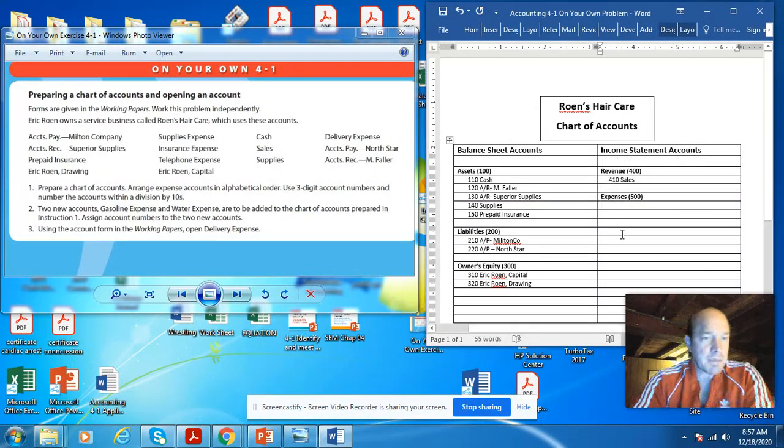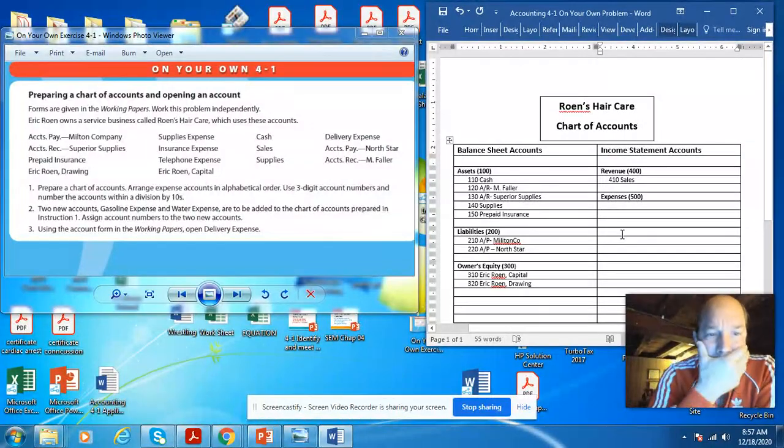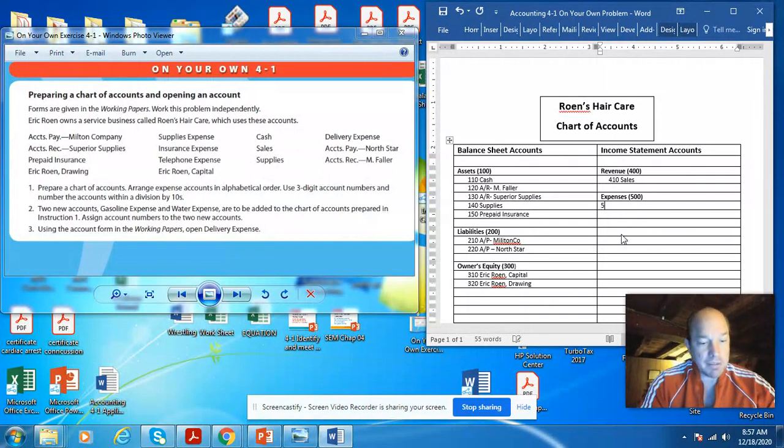And we have a number of expense accounts here. All right. So we have supplies expense, insurance expense, telephone expense, and delivery expense. We have to categorize those under expenses and assign account numbers to each. Let's do it alphabetically. Delivery expense would be first, so we're going to call that 510. Insurance expense will be second.